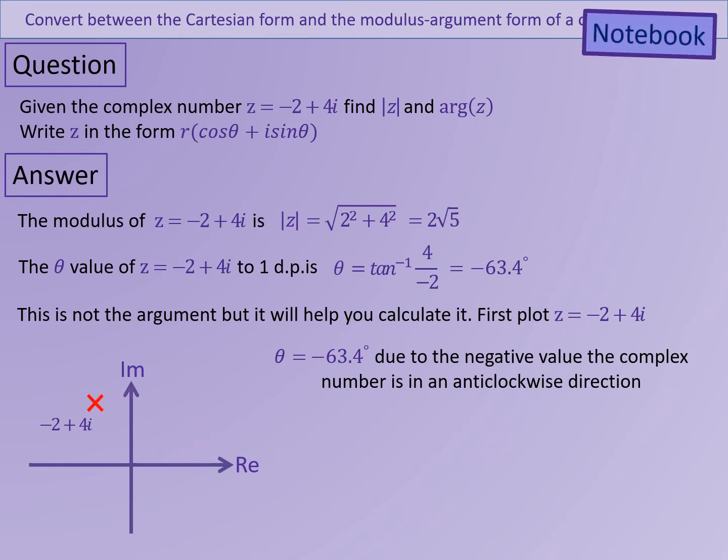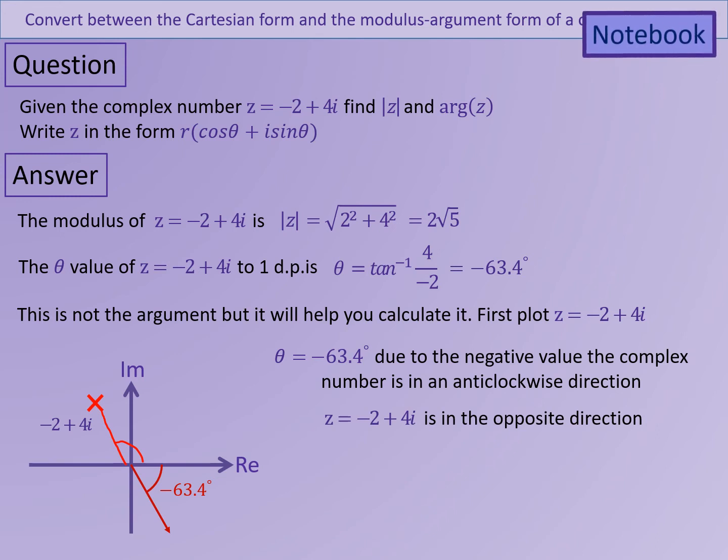So just looking at that, it doesn't make sense that that complex number would have an argument of minus 63.4, because the angle we've drawn there is not 63.4. In fact, minus 63.4 is in the opposite direction.